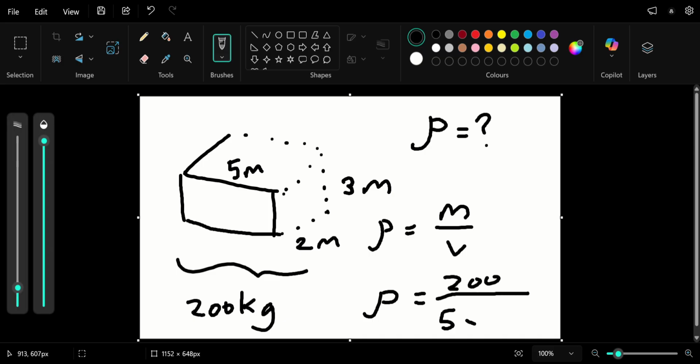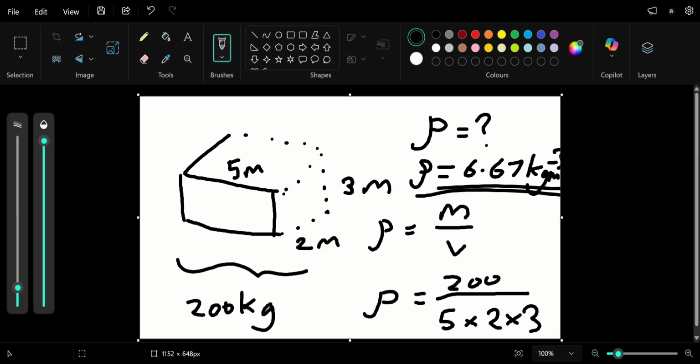Now we have the volume, and volume of a cuboid is simply length times width times height. So your answer is just 200 over 30. And to 3 significant figures, let's say 6.67 kilograms per meters cubed. And that's your answer.